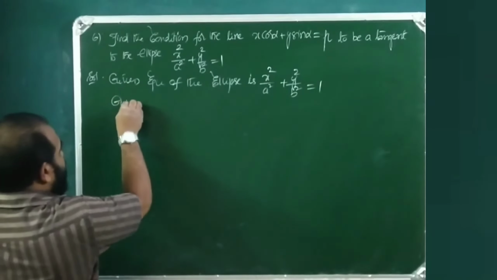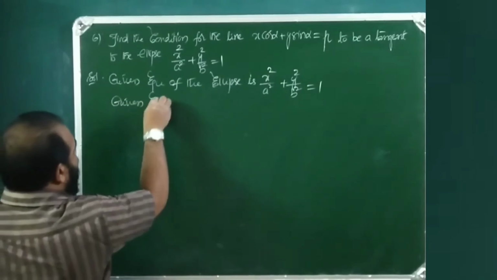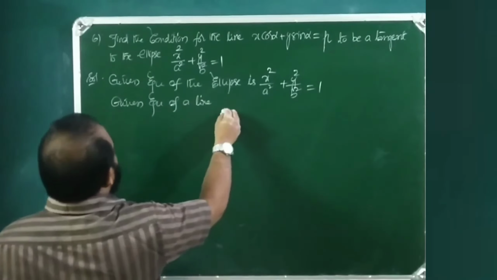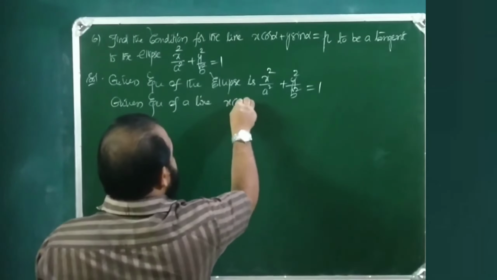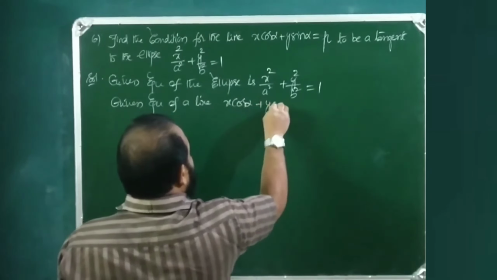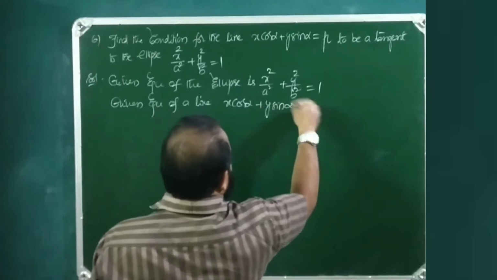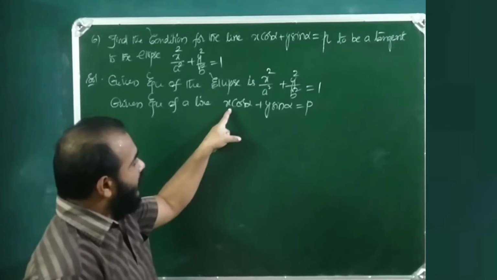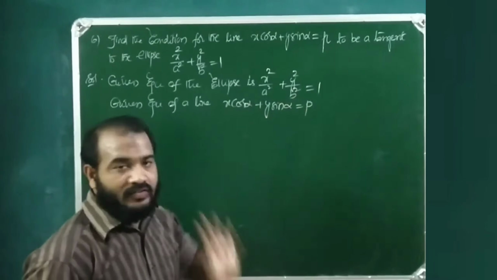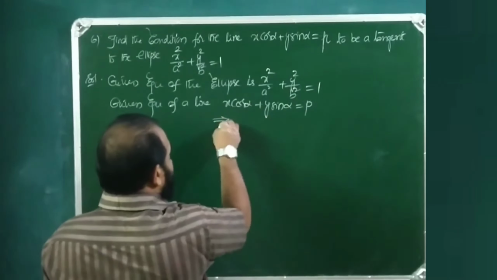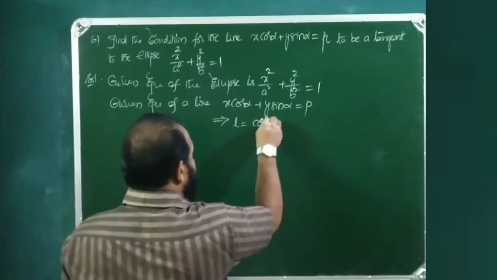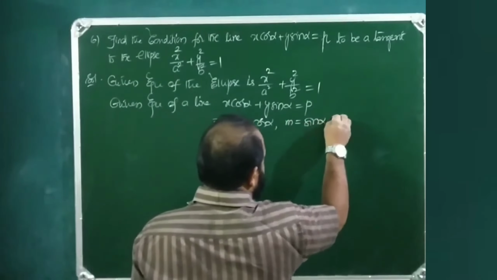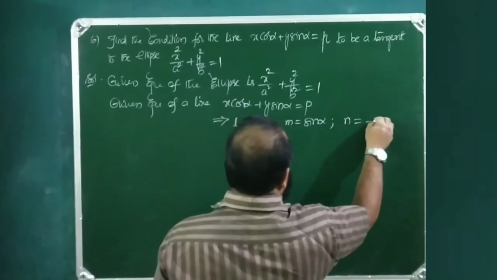Given equation of a line x cos alpha plus y sin alpha equals to p. So here this is of the form Lx plus My plus n equals to 0. Here l equals to cos alpha, m equals to sin alpha, n equals to minus p.